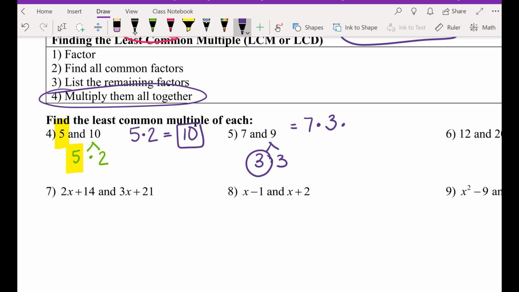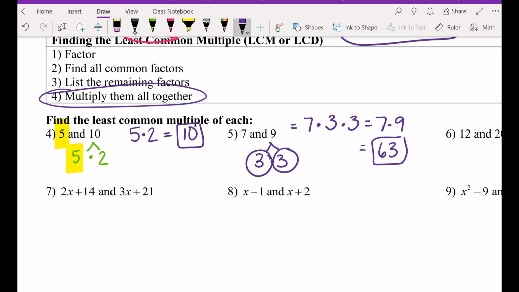How about another 3? Is this 3 in both sets? No, so you take it. So this is the same thing as really saying 9 times 7, which is really 63. So is 63 the smallest number? Yes, that would divide 7 and 9.